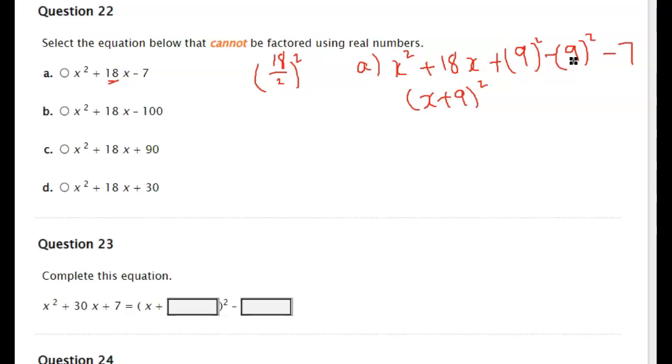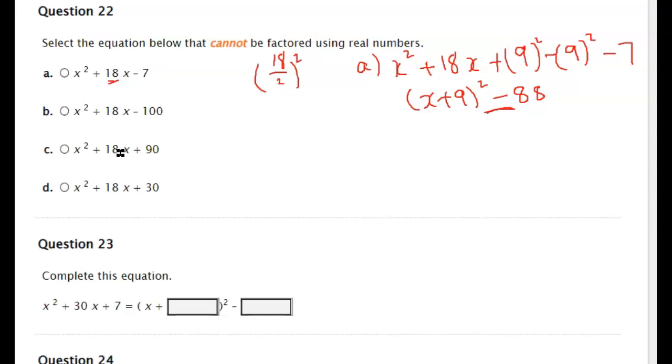All right, and then we've got negative 9 squared, which is negative 81, minus 7 gives you minus 88. Now, I don't need to go any further because I know I can factorize that by using the difference of perfect squares. So if there was a minus sign here, okay, it can be factorized. So this one cannot be. This one can be. So that's not our answer.